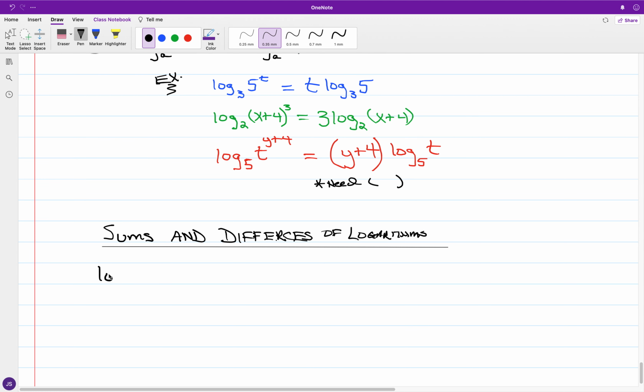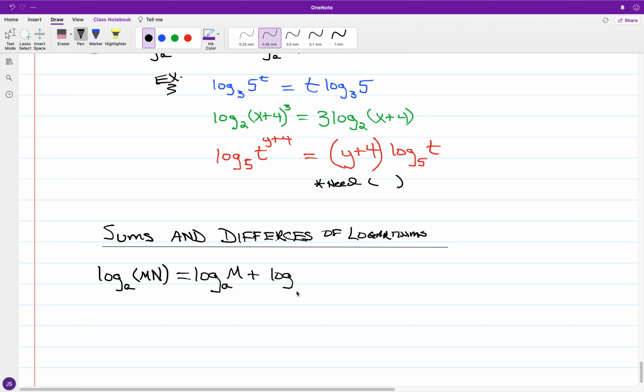You're going to have a base a logarithm of m times n, and multiplication is going to translate to the operation of addition between logarithmic terms, where the factors are a bit detached.